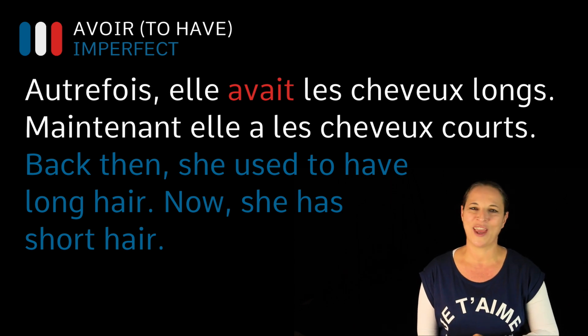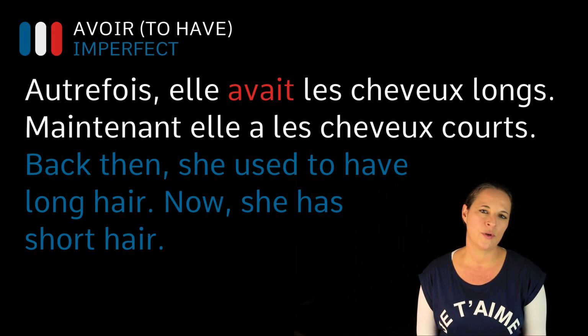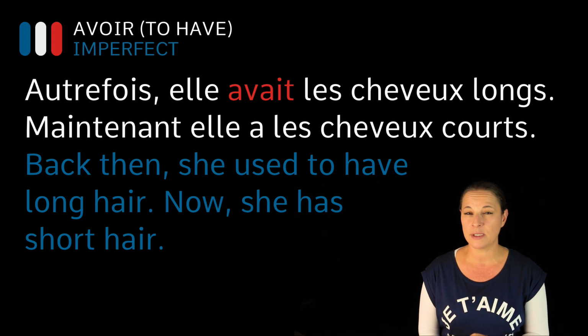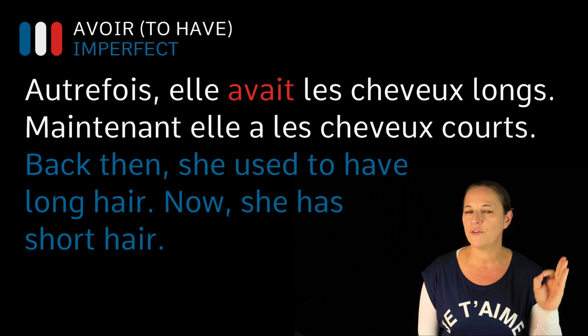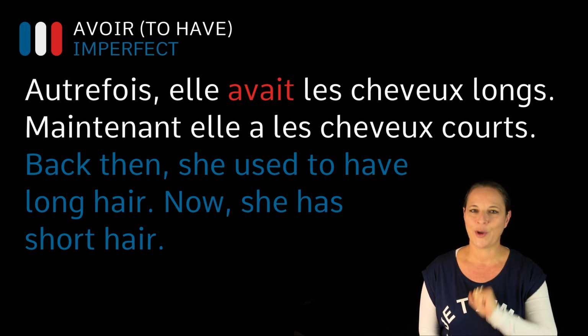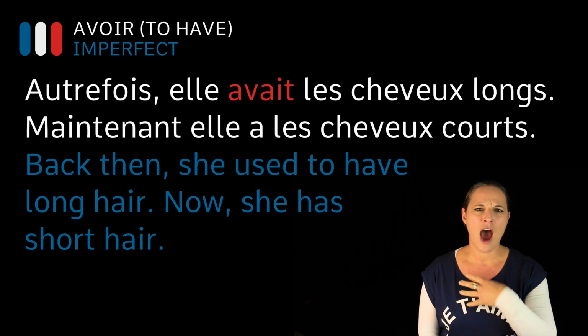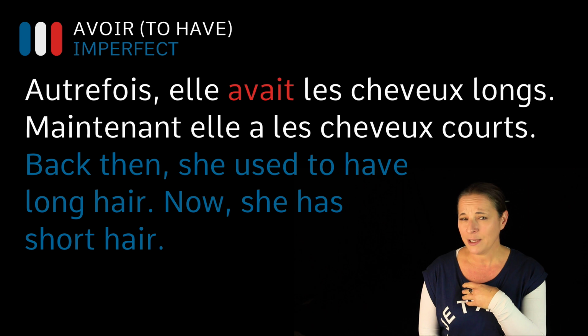Now, what I would like you to understand is this, is that sometimes avoir in French is used as the equivalent of être, which is to be in English. So, hear me out. When you say, I am 25 years old, well, in French we don't.